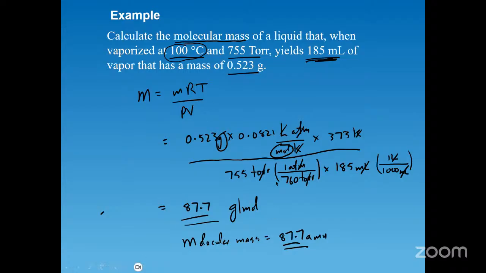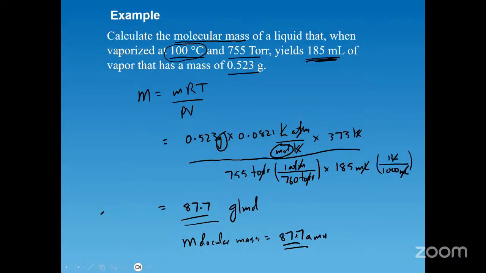So for example, in this particular case, the liter units cancel out here and here, the milliliters cancel out here and here, the Kelvin cancel out here and here, the atmospheres cancel out here and here, the torrs cancel out here and here.